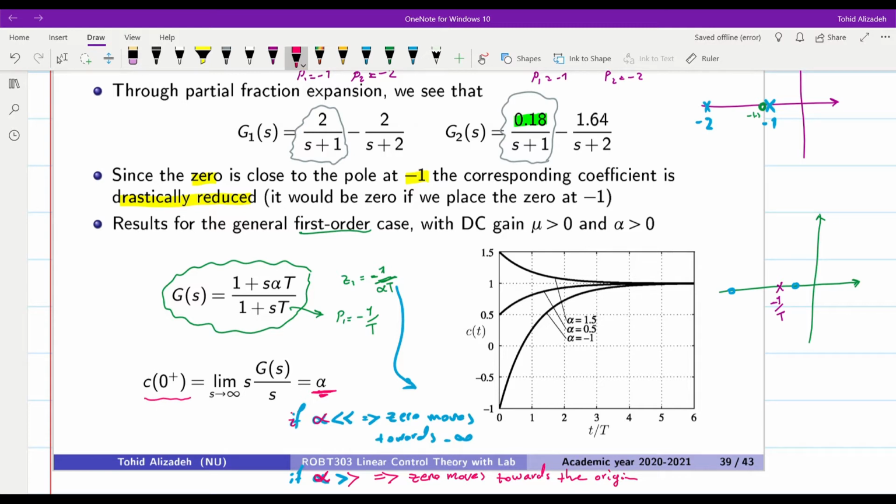Keep in mind that without an additional zero, I will draw it here, the step response of a first order system starts from 0. Okay, and it will be somehow similar to this graph that I just drew in green. So it was 0, and then without a zero, only a single pole, it moves like this.